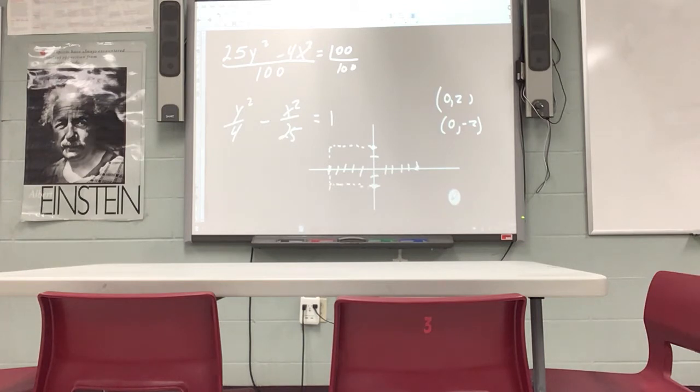Drawing the box, this rectangle takes the place of using that equation they gave us earlier, because I'm going to put the diagonals through that rectangle, and those are my asymptotes. The diagonals will cut straight through the origin and straight through those corners. A lot of dotted lines going on in it.